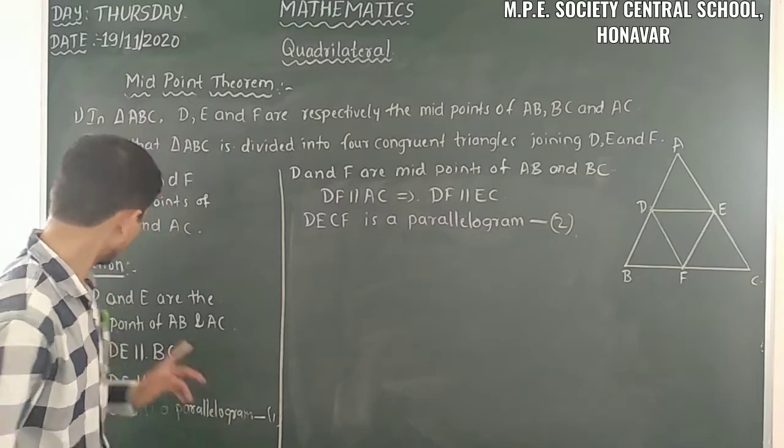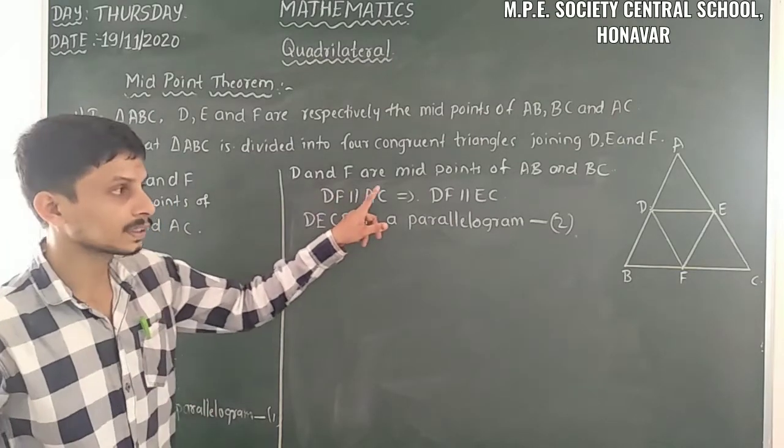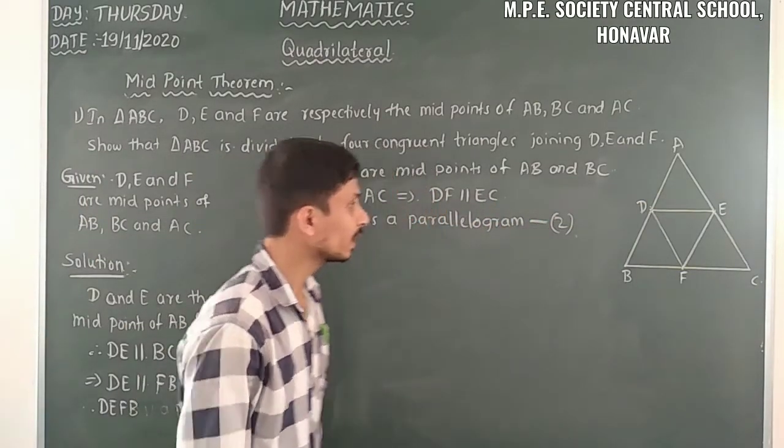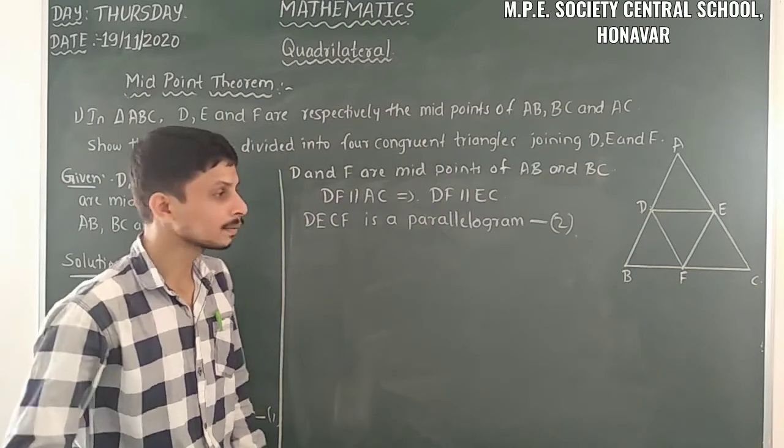Then D and E is completed and D and F is completed. The remaining is E and F. E and F are the midpoints of AC and BC.